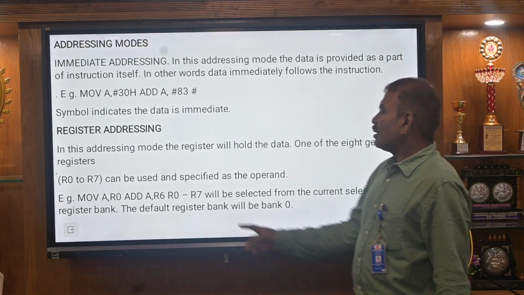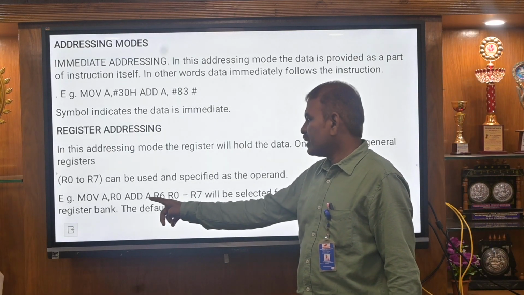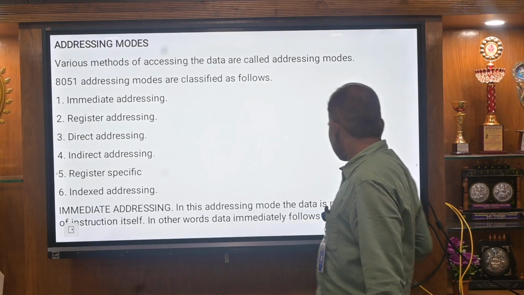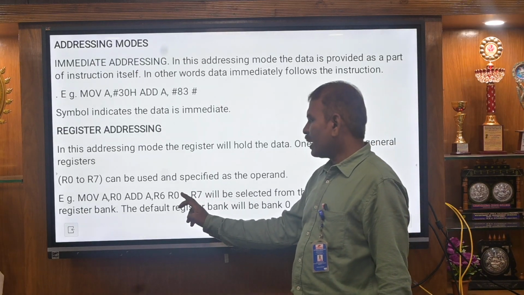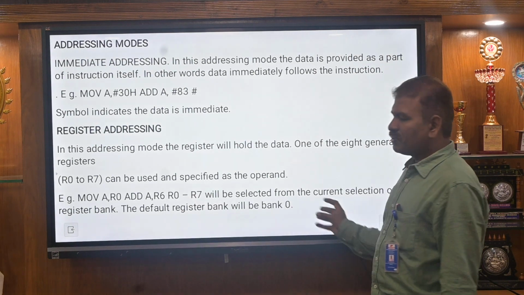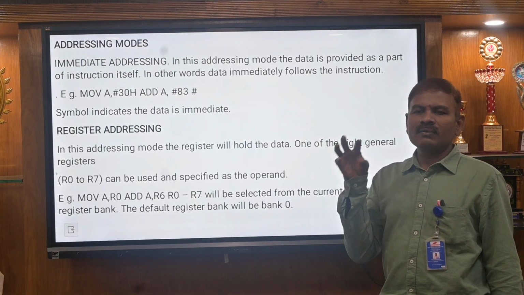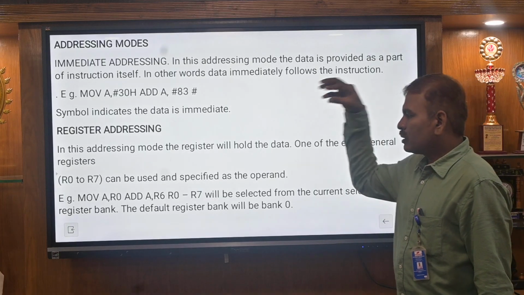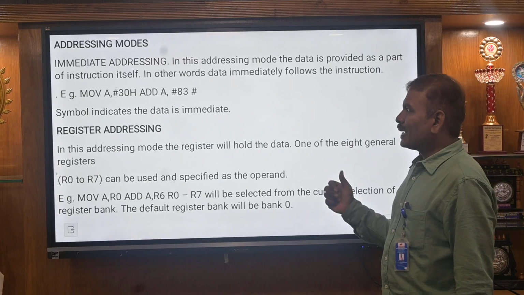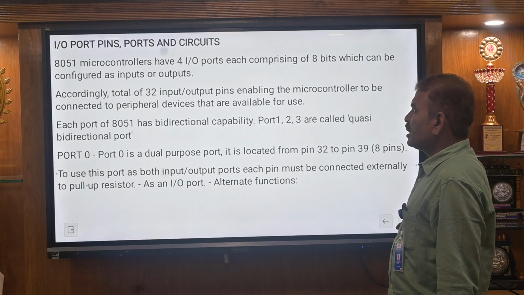And another instruction is the add operation with R0 to R7, where the value is moved into the next register. That means we select the particular value from that memory location. This is for the addressing mode specifications.